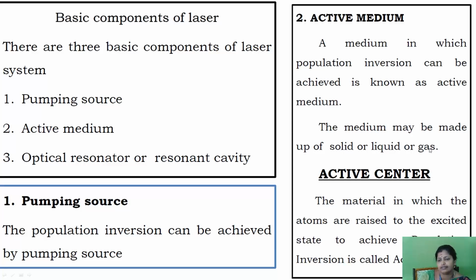The active medium is placed inside a container, such as a Coolidge tube or xenon flash tube, or any optical material. After population inversion is achieved, the material acts as the active center.